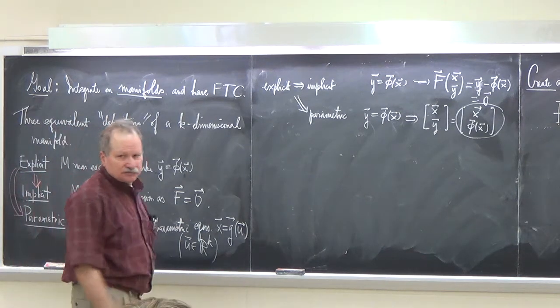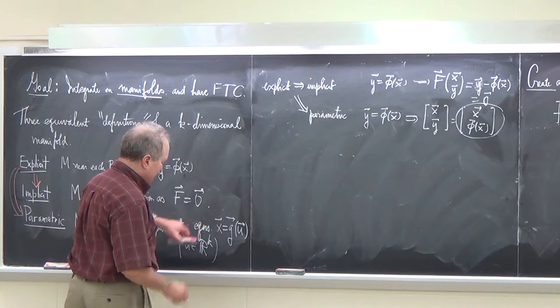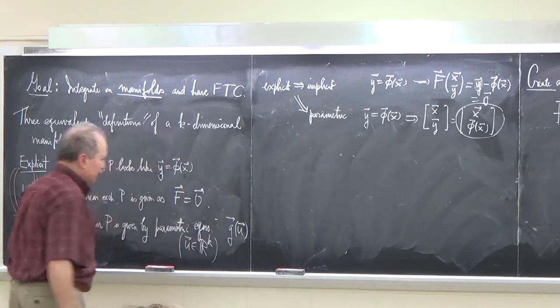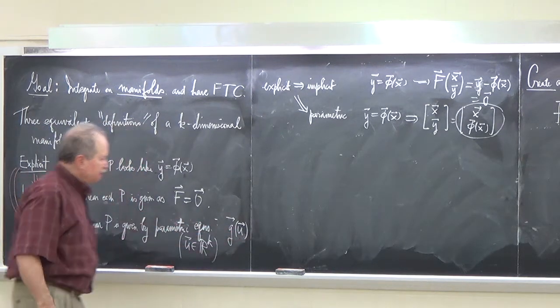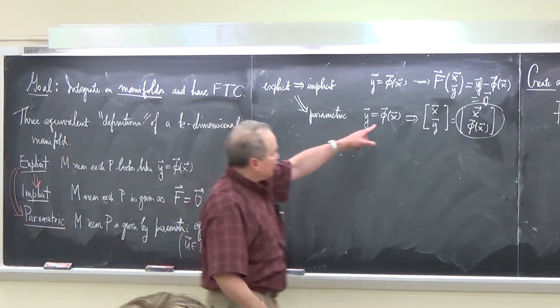In our parameterization, we were parameterizing x. Well, we choose what we want. I meant everybody for x, so let me take that out of there. You're representing the whole surface in the form g of u. So would that be the graph of g of u? No, this would be the graph of phi.